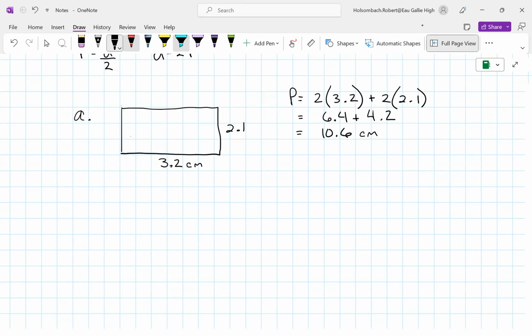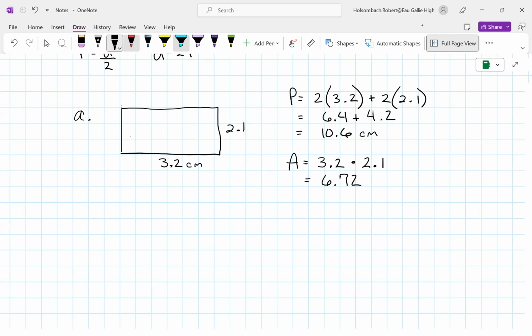Area is equal to length times width. So the area of the shape is going to be equal to 3.2 times 2.1. 3.2 times 2.1, 6.72. Now, area is given in square units.